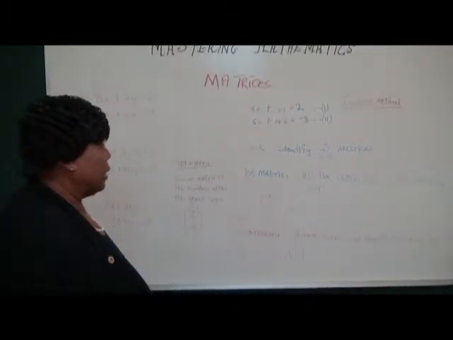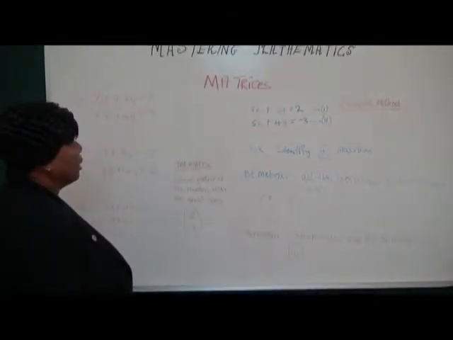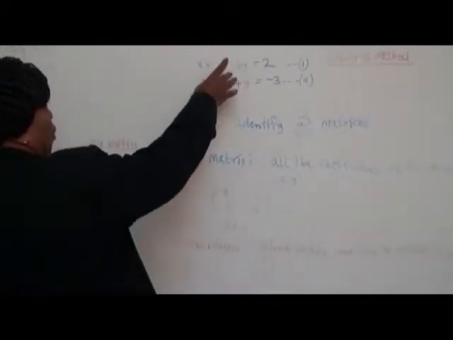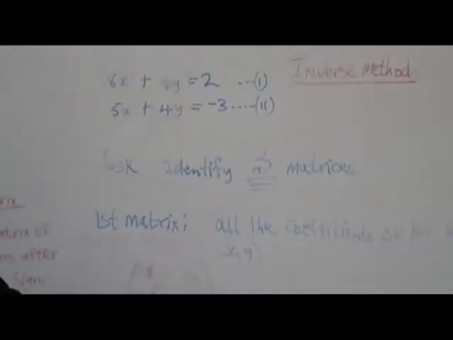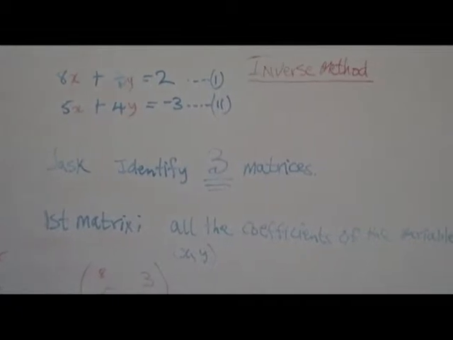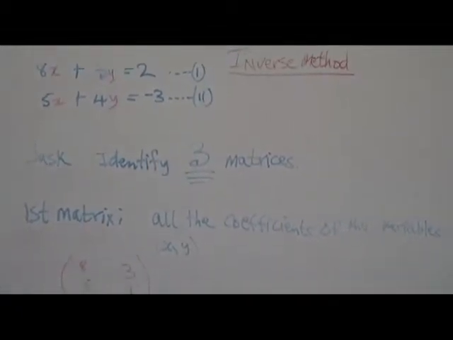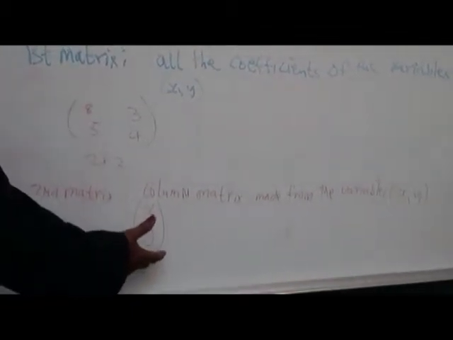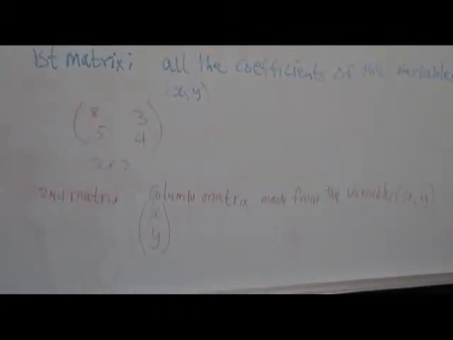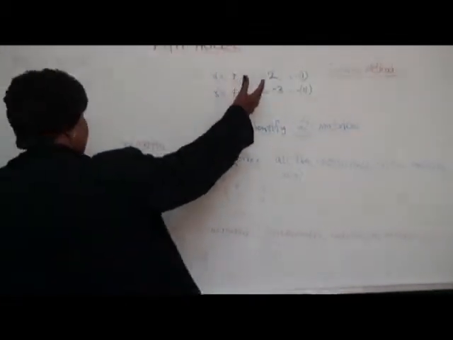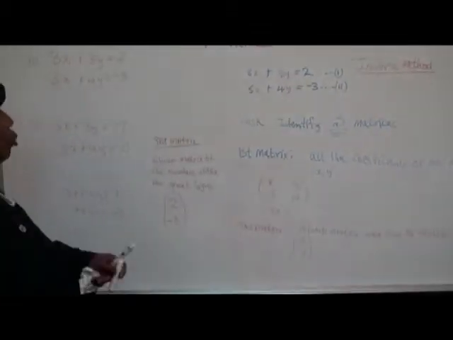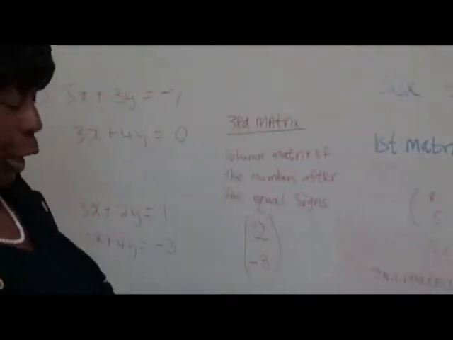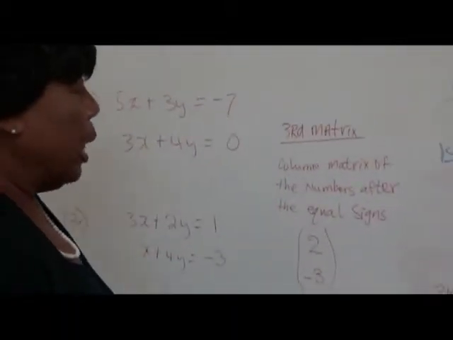Task number 1, get the coefficient of the variables and we write it as a 2 by 2 matrix. Task number 2, we write the variables as a column matrix. And task number 3 is writing the constant terms as a column matrix. We must now join them. And how do we do that?